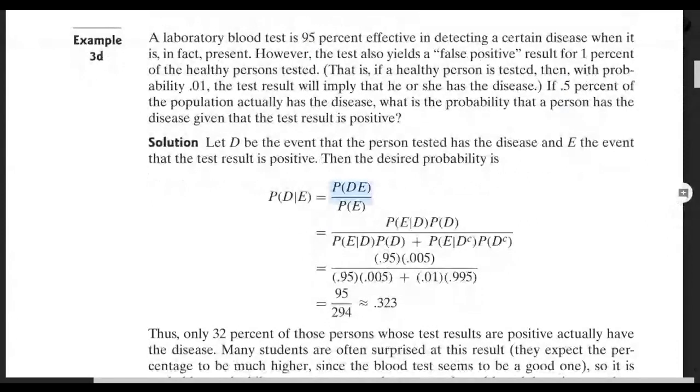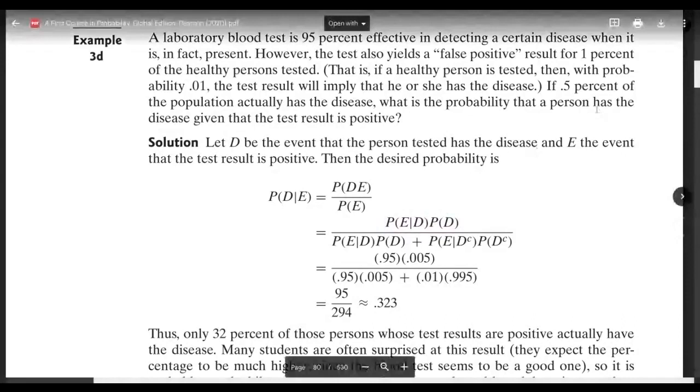So the probability of the intersection of D and E equals the probability that the person tested has the disease and the result is positive, multiplied by the probability of the disease. Those two we have.